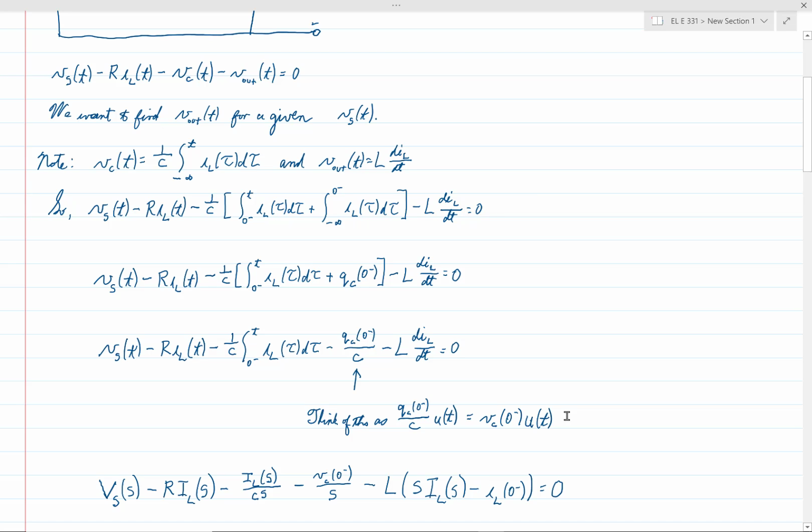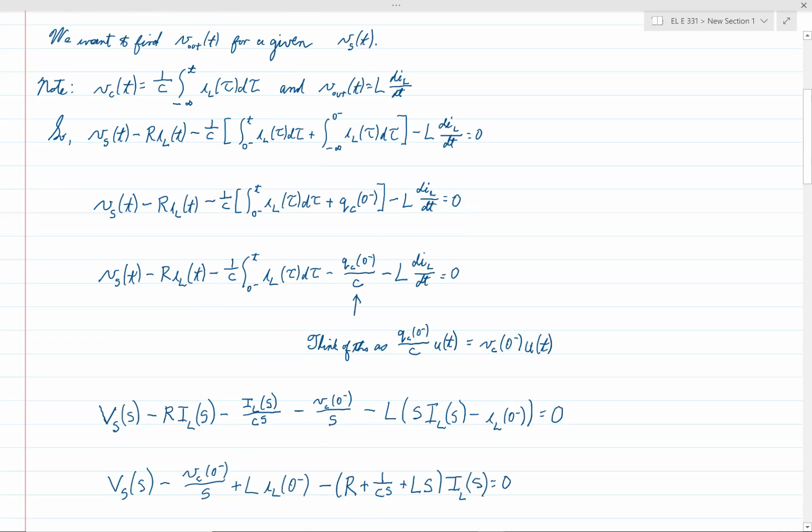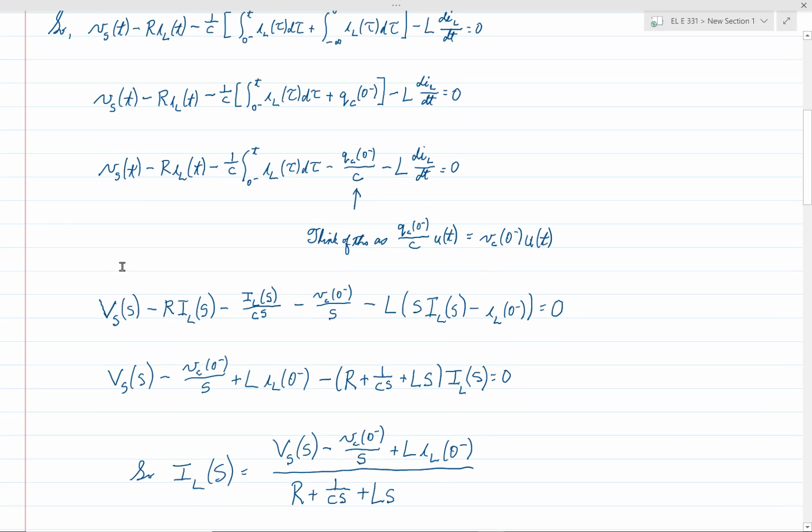Okay, so if we simply think of that as being equal to this, then we can proceed with this problem pretty easily. Let's take the Laplace transform of everything in this equation. Then we get Vs of s is the Laplace transform of that. Now R is a constant, so we don't have to worry about it.